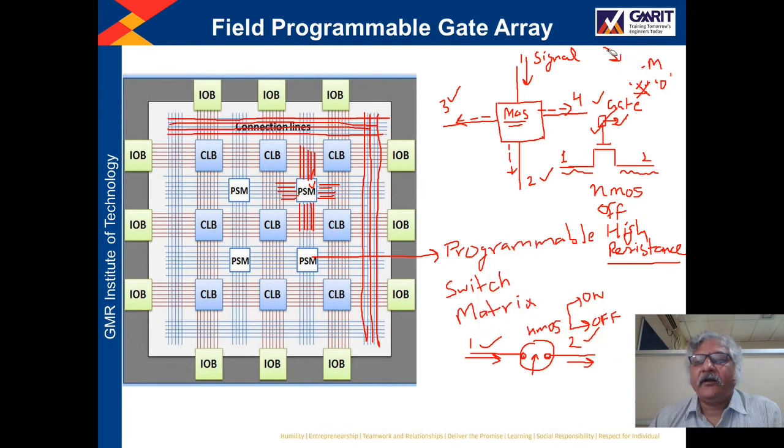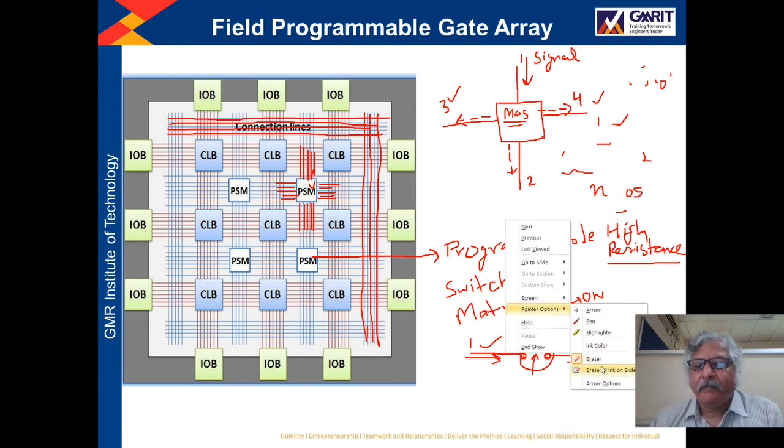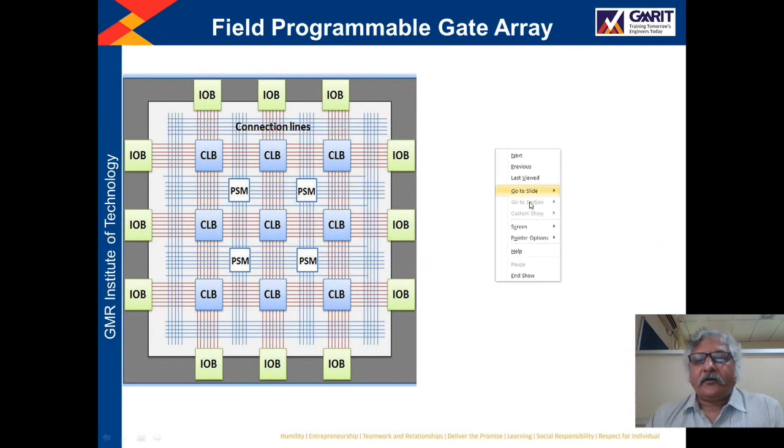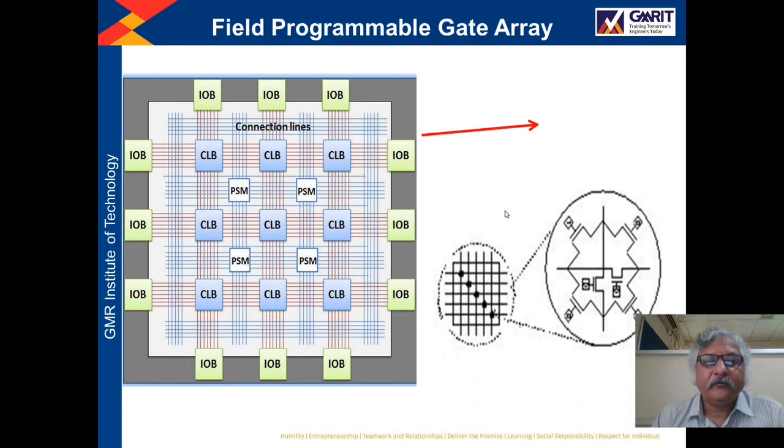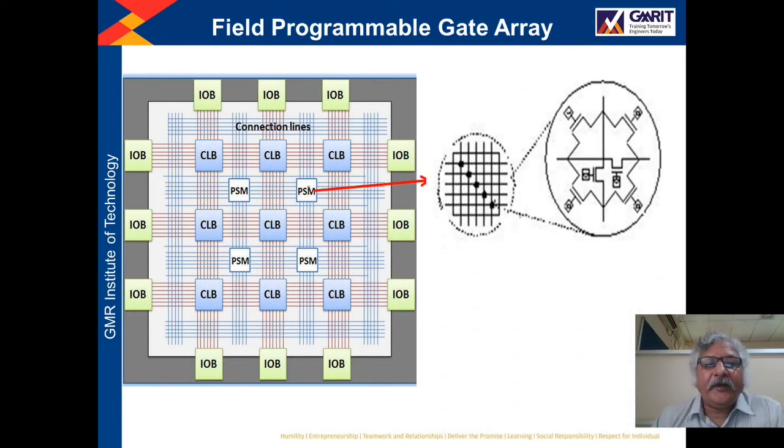So now you see here, this PSM, programmable switch matrix, is like this. How many vertical wires are there? 1, 2, 3, 4, 5 vertical wires.